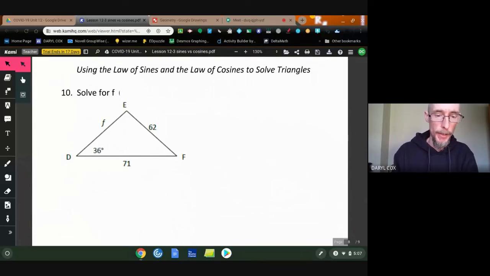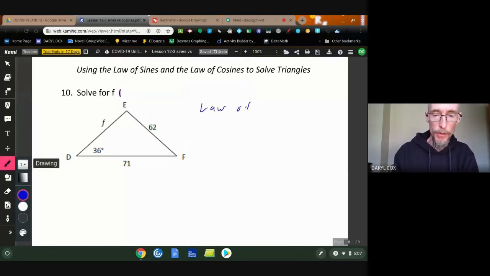Okay, so I got 3 sides and 1 angle. That makes me think law of cosines. This one would be set up, let's see, I'm looking for, there's my lone side.